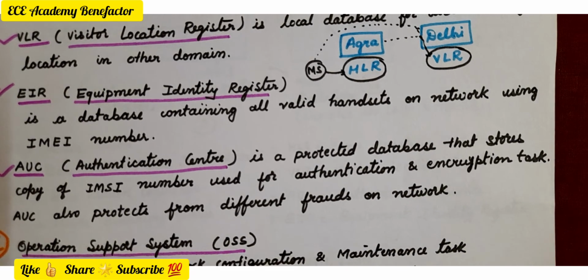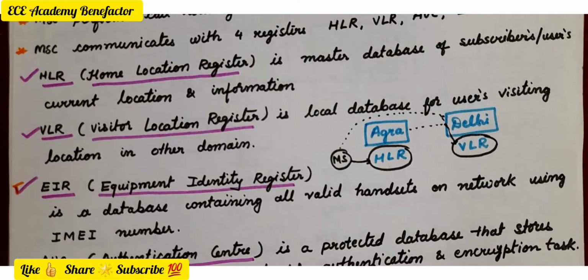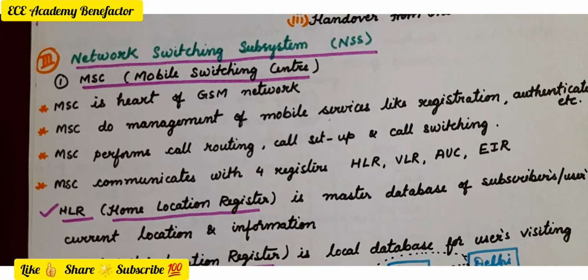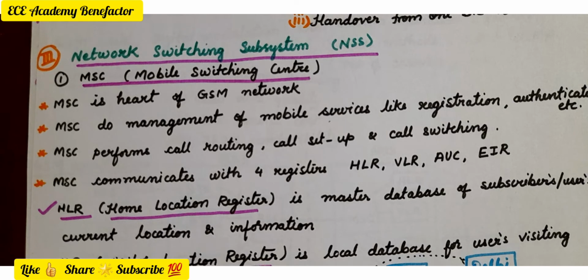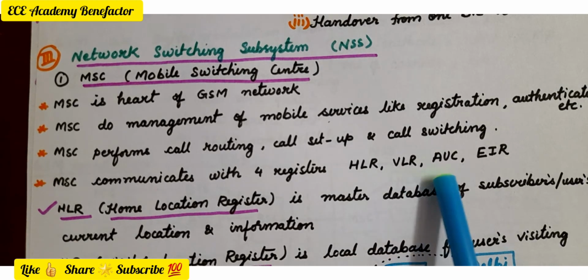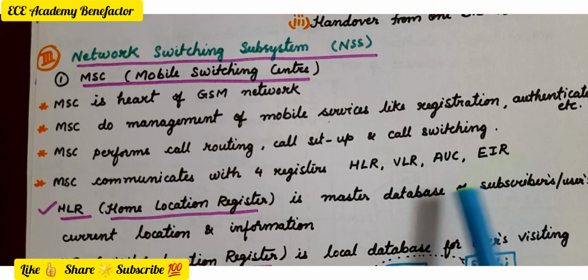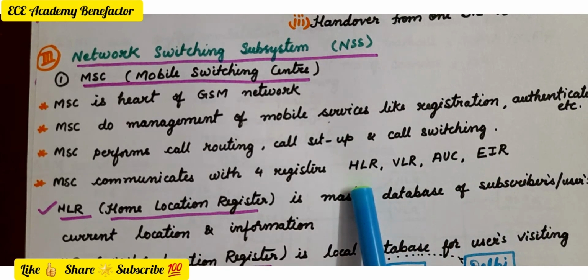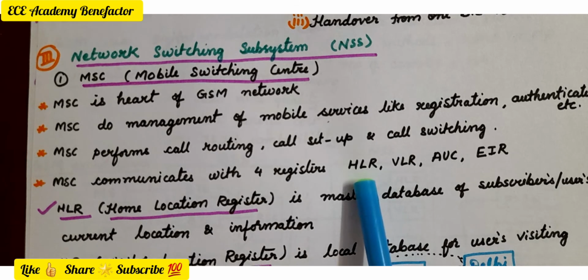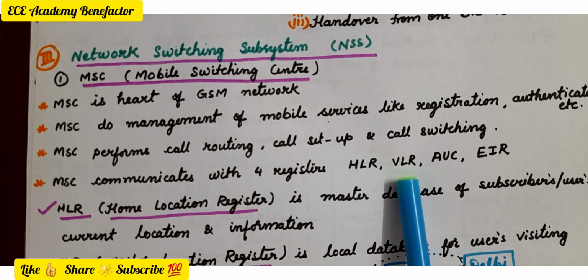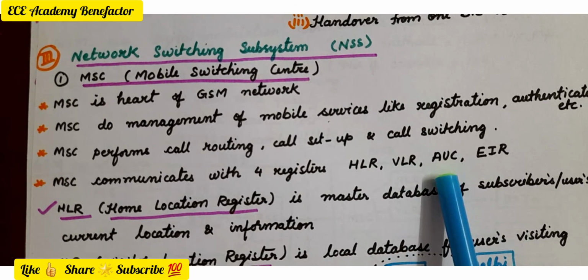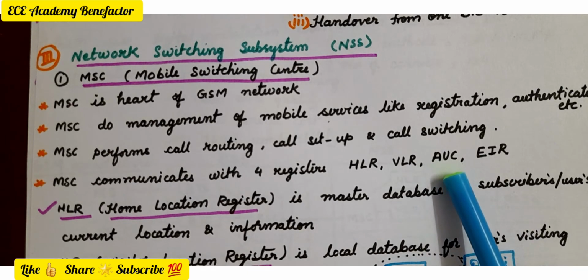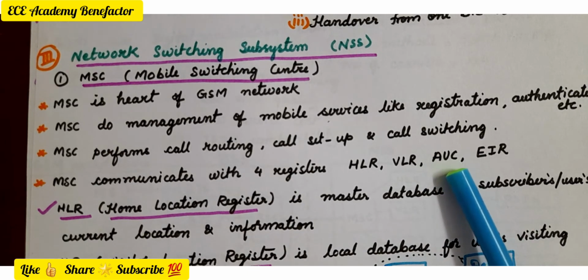So MSC is the heart of the GSM network and it is communicating with 4 registers: HLR, VLR, AUC, EIR. HLR is home location register, a master database. VLR is a local database. AUC is the authentication center, a protected database. EIR is a database containing all valid handsets' IMEI numbers.